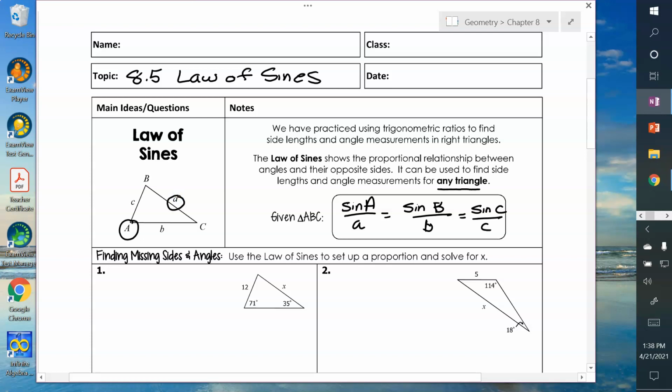That's going to be the same proportion as the sine of angle B with its opposite side little b, and it's the same as the sine of angle C and its opposite side little c.